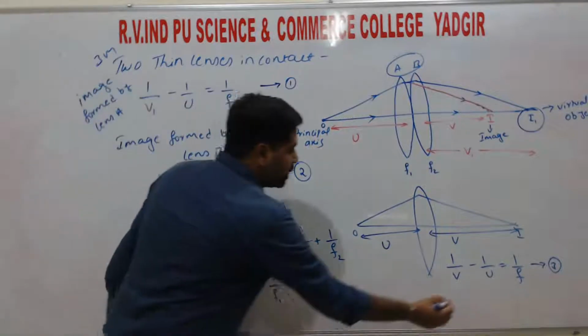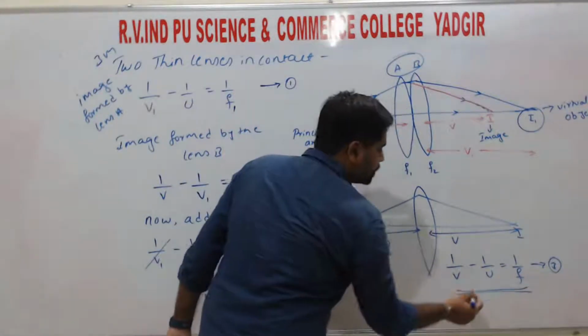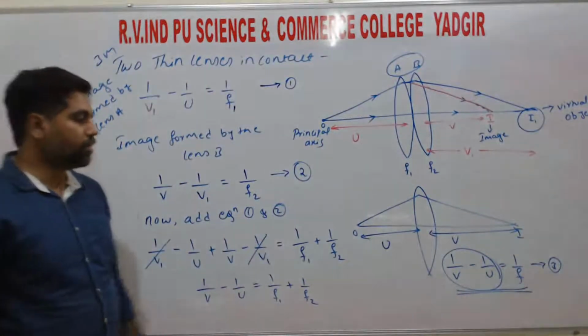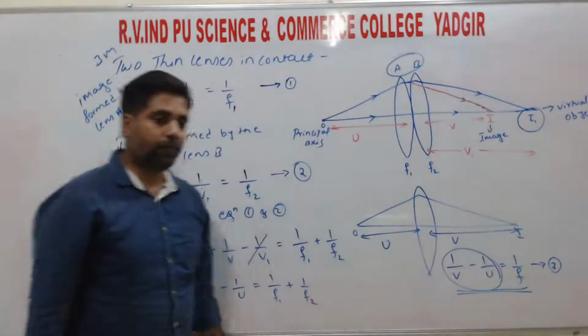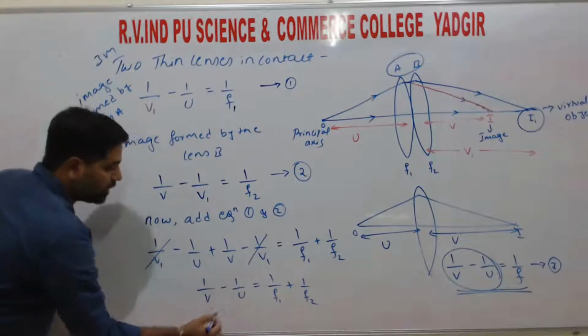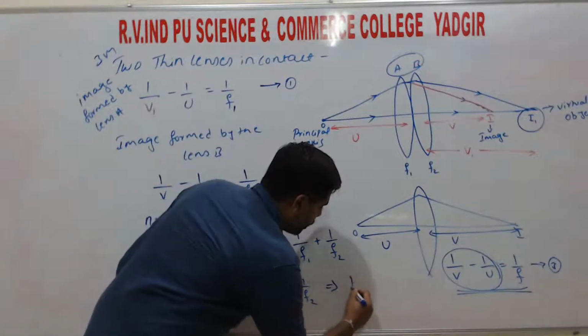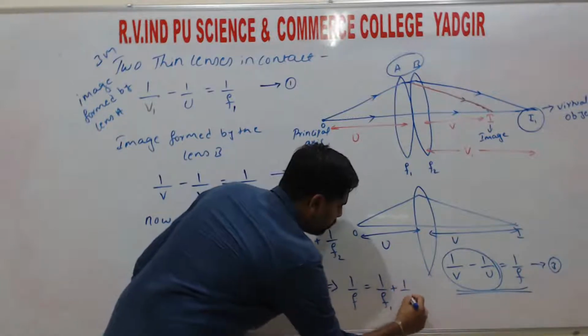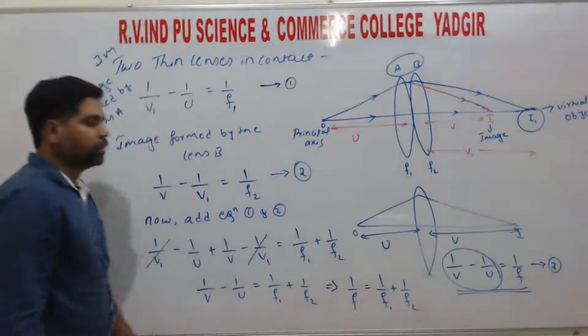From equation 3, by using this relation, in place of 1/v minus 1/u, we can write 1/F. So 1/F equals 1/F1 plus 1/F2.